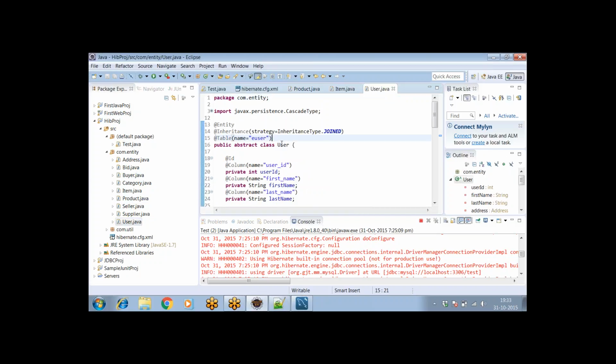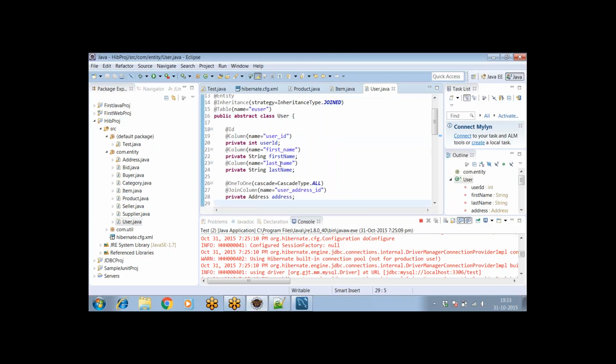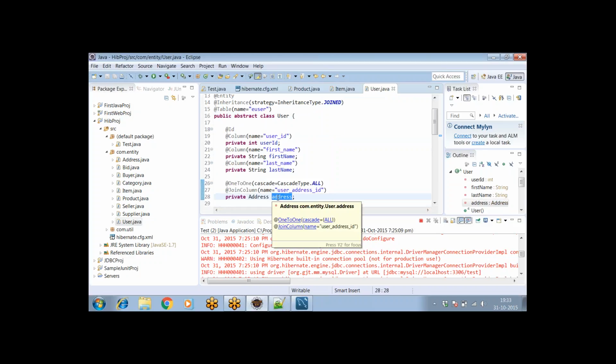Let's say for example, you got user and address. So the association between user and address is one-to-one association, right? It will be eager itself.